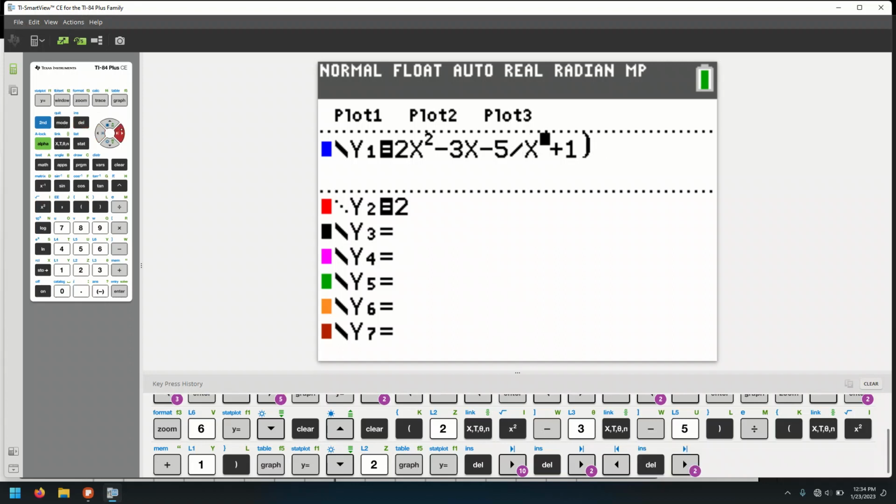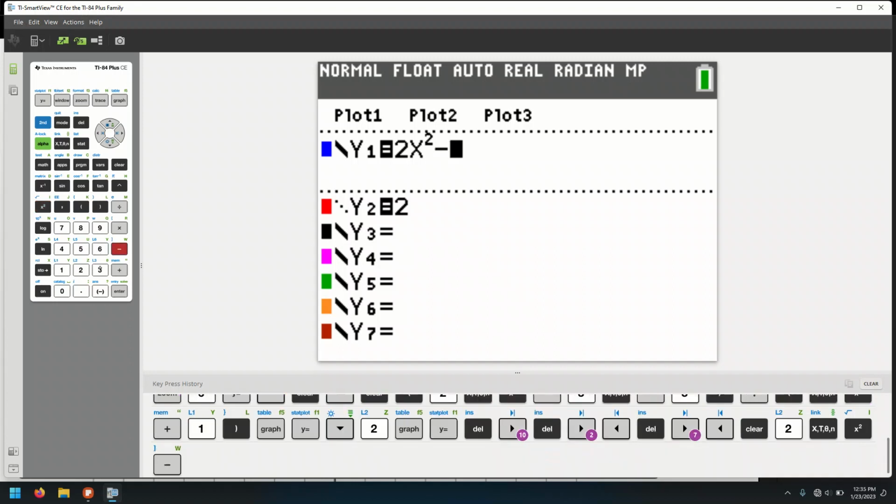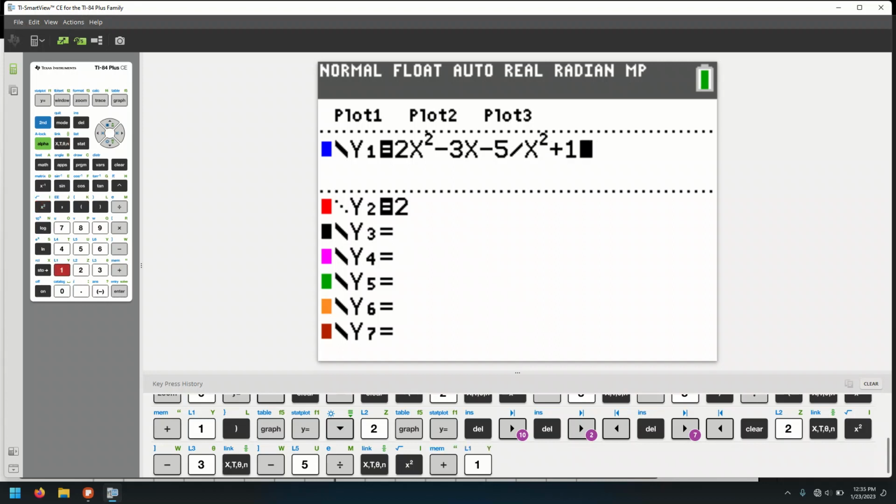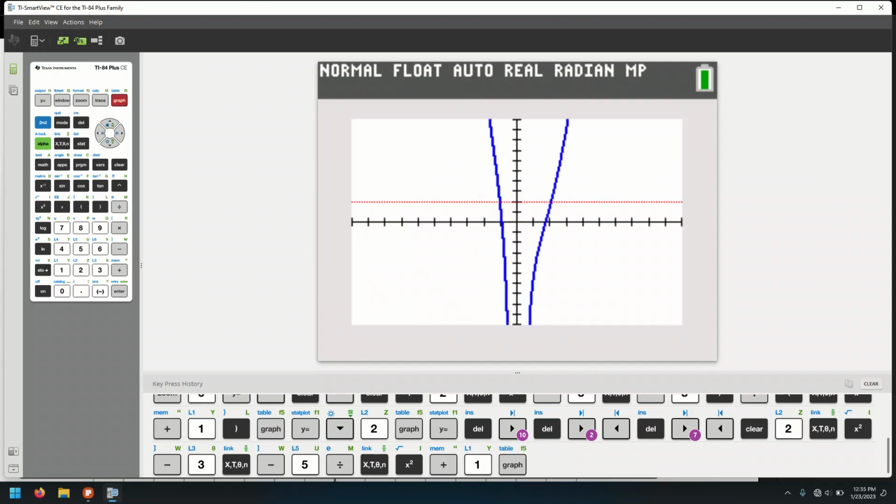So, let's see, delete. Oh, should have cleared everything. Anyway, 2x squared minus 3x minus 5 divided by x squared. All right, so that's the function without the parentheses.